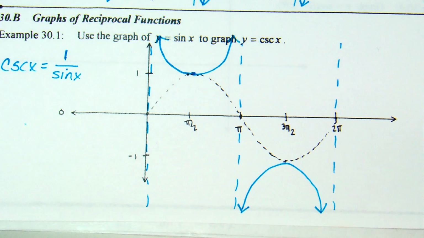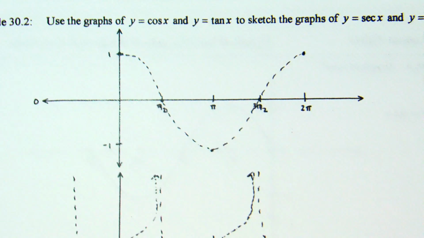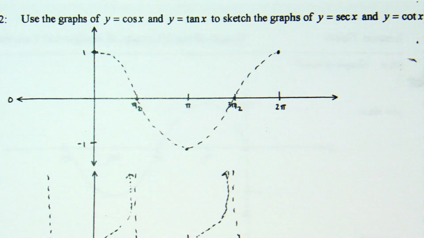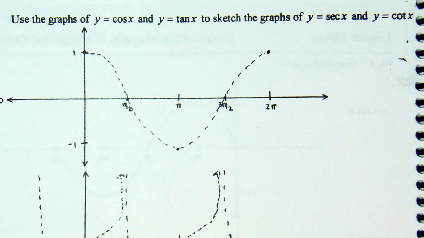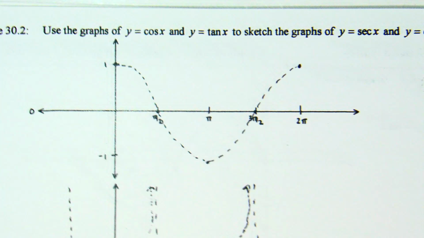Okay, you ready for the next one? Use the graphs of y equals cosine, y equals tangent to sketch the graphs of secant and cotangent. Okay, so right here, we're going to sketch secant. What do you know about secant?